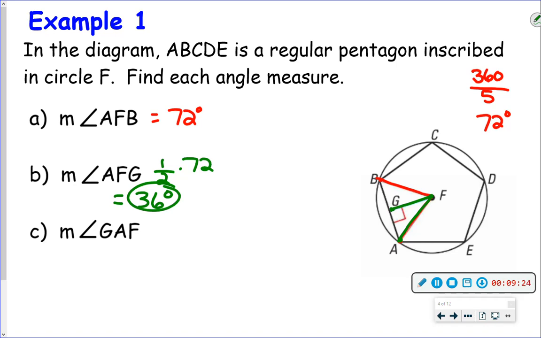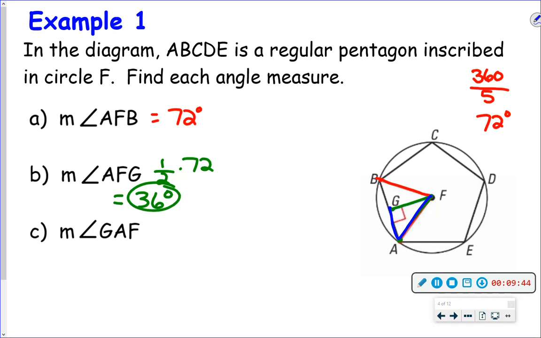All right, measure of angle GAF. We'll do this one in blue. Well, we know 2 out of the 3 angles in a triangle. Previous knowledge. All 3 angles in a triangle add up to what? 180.